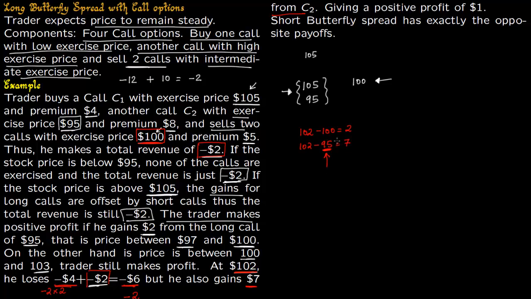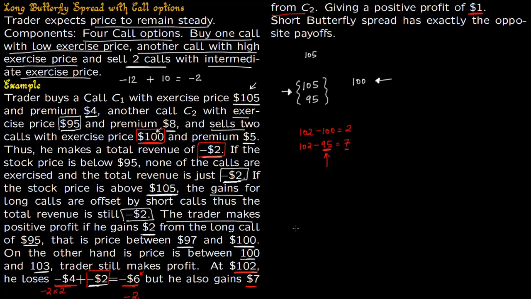He buys the shares at $95 and then sells for $102, making $7 in the market. So he gains $7 here, he loses $6 there. So 7 minus 6 gives him a total profit of $1. We will see this graphically in a minute.